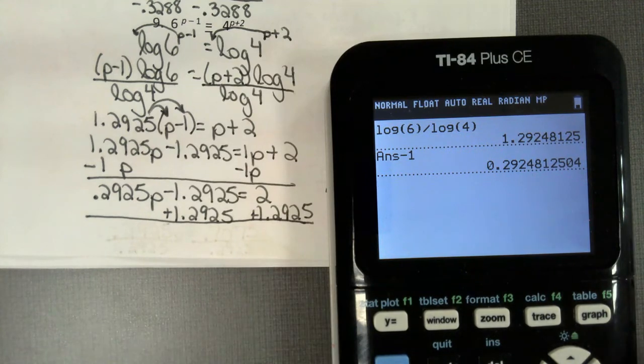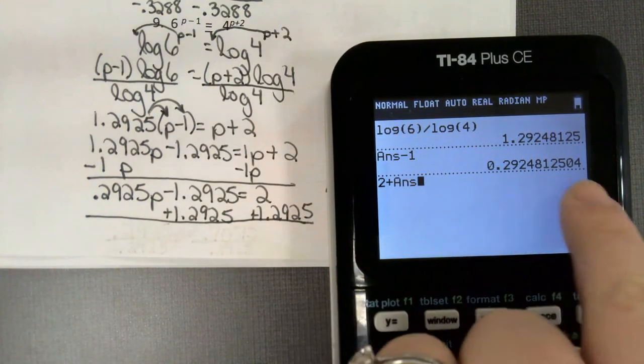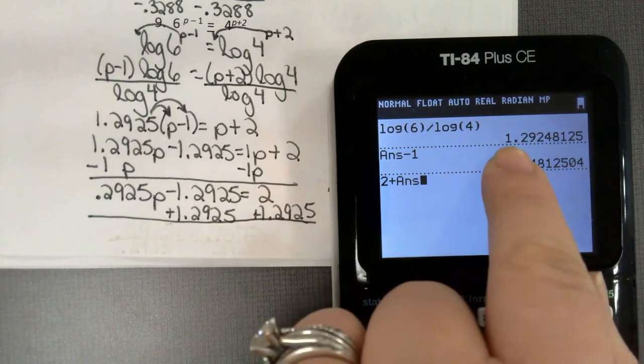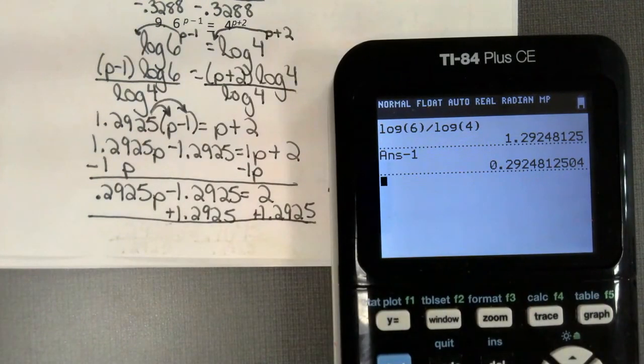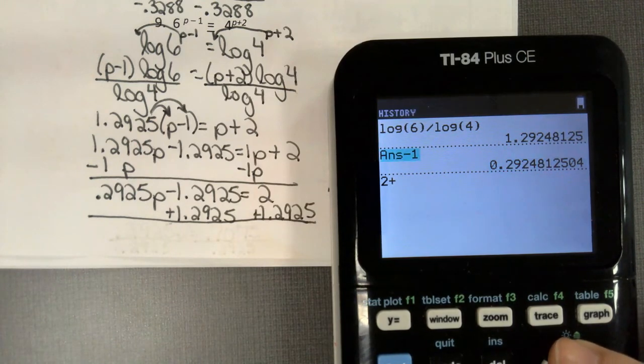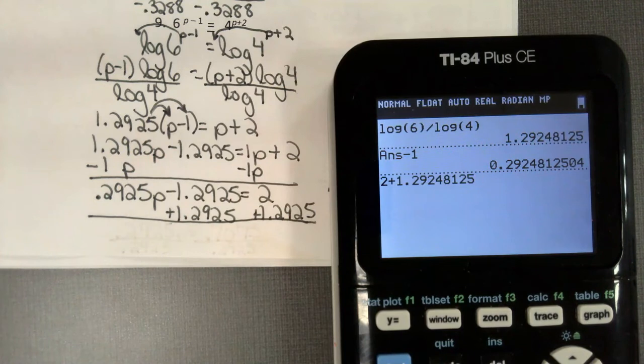the past. In the past, we've been able to use this answer here, but if I did 2 plus and I tried to do answer, it'd be pulling this number instead of this number, which is what I want. So instead, it's going to depend on your calculator, but you have really 3 different options to use. You can do 2 plus, and if your calculator allows you to, you can scroll up and hit this one, and there's your number.